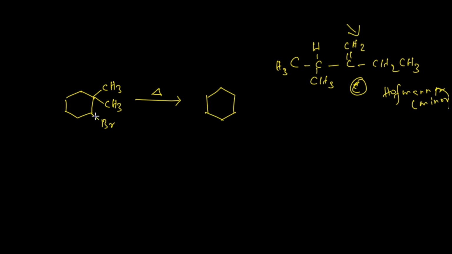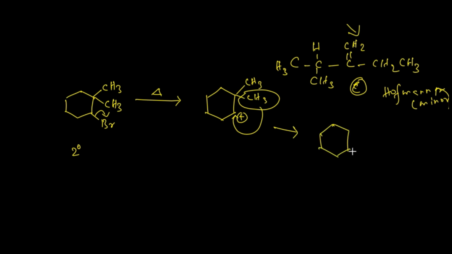Now you see, this will go like this. This is a secondary alkyl halide. Now this forms this carbocation, and so this is one. Now there is a possibility of migration of this methyl group to here to get this tertiary carbocation.